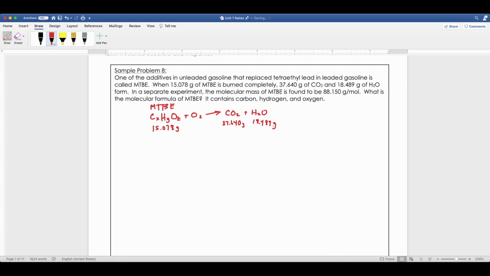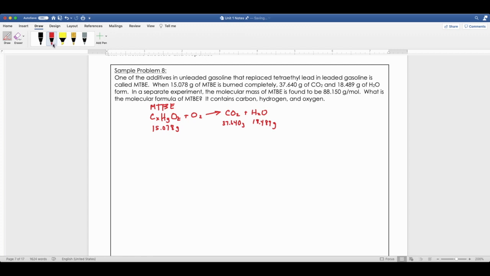Notice that there is oxygen in every single reactant and product here. So I cannot do what I just did up above with oxygen. That's because the total mass of oxygen in CO2 is not equal to the total mass of oxygen in MTBE, since I can't forget that there's oxygen here and here as well.